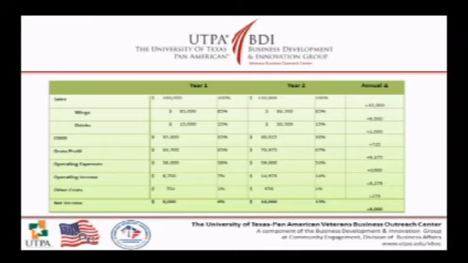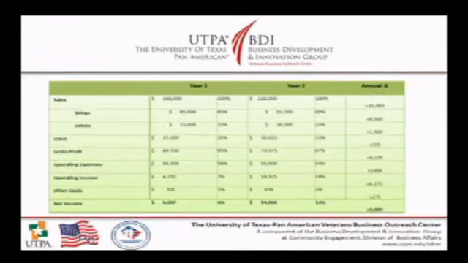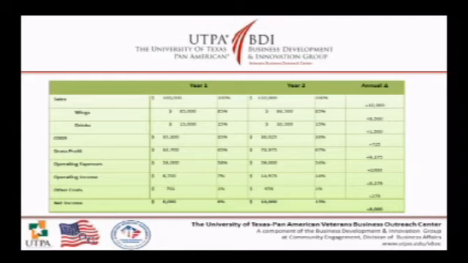Here is another way that you can compare the two. This goes back to the income statement that we had at the beginning. Basically, his revenue streams are his wings and his drinks, his cost of goods sold, his gross profit, his operating expenses, what's his operating income, what other costs he has, and what his net income is.